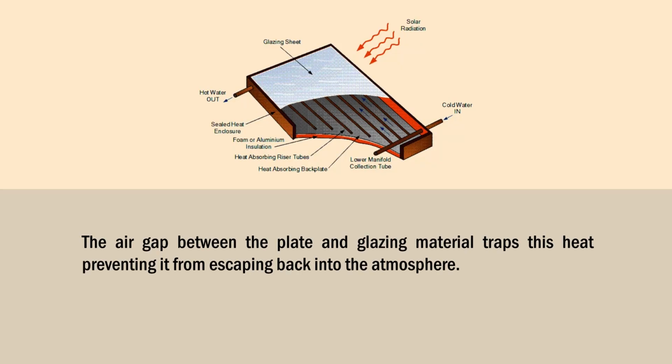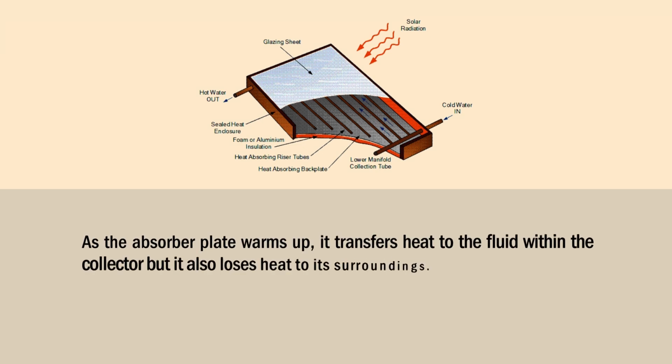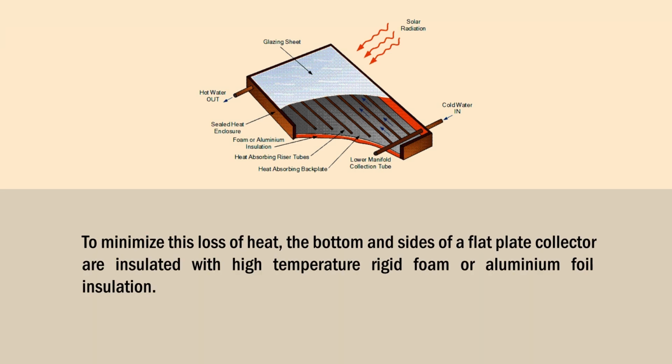The air gap between the plate and glazing material traps this heat, preventing it from escaping back into the atmosphere. As the absorber plate warms up, it transfers heat to the fluid within the collector, but it also loses heat to the surroundings. So to minimize the loss of heat, the bottom and sides of the flat plate collector are insulated with high temperature rigid foam or aluminum foil insulation.